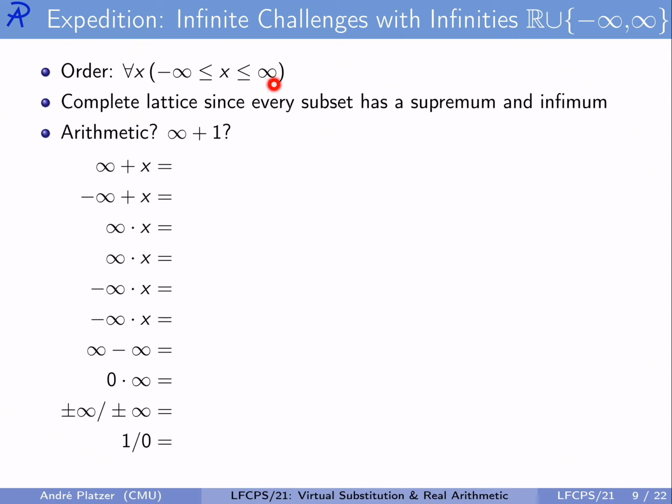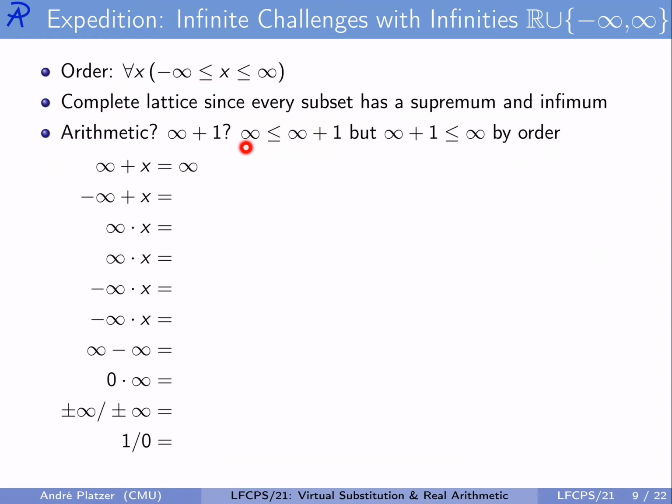When in doubt, you refer to plus infinity or minus infinity. But how do you define arithmetic on this beast? Well, for example, what is infinity plus 1? That also is some number, but it's supposed to be less or equal infinity, right? But also infinity plus 1 is supposed to be bigger than infinity because we just added something.